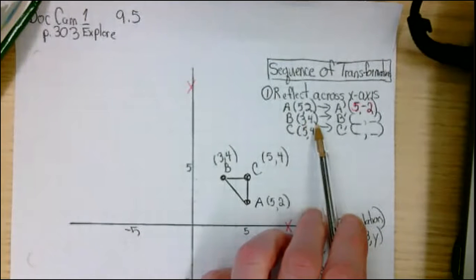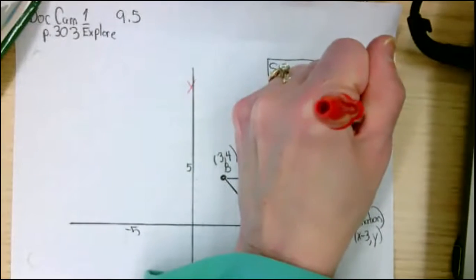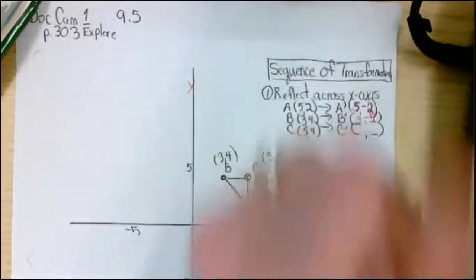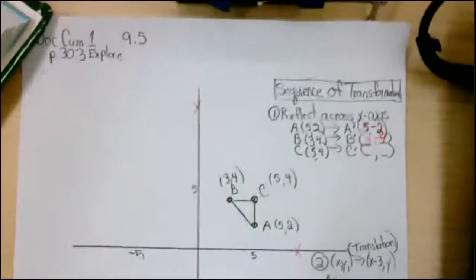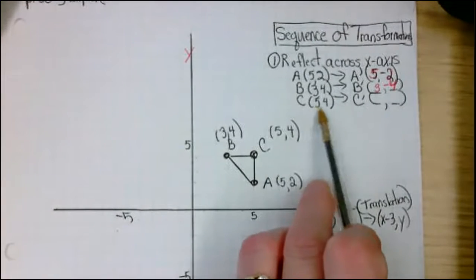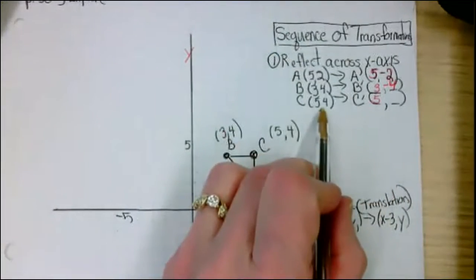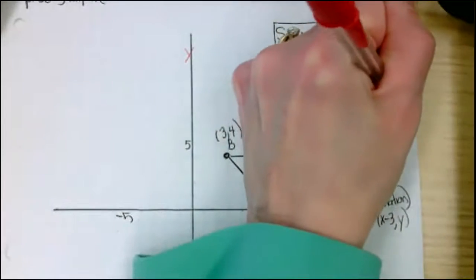B is (3, 4). We're going to change just the y sign. It's going to become (3, -4). Hopefully you can see that okay. And if I zoom in a little bit, this is (5, 4). It's going to stay the 5, but the 4 is changing signs to -4.